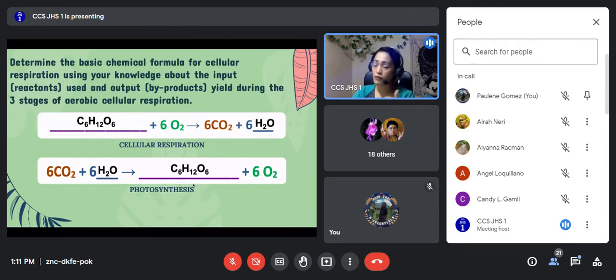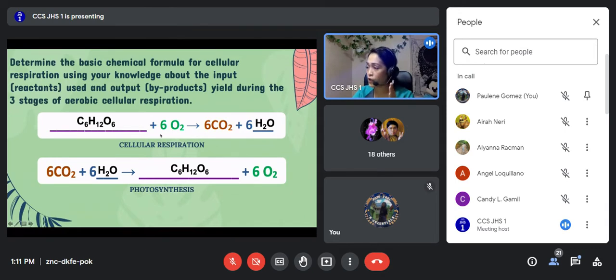What we can establish from this relationship is that the products from cellular respiration are needed so that the process of photosynthesis will occur. Same thing, the products from photosynthesis are the ingredients so that cellular respiration will happen.